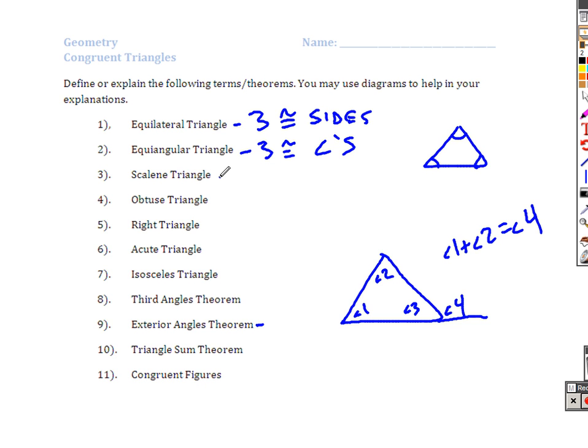For other ones, scalene, 3 different side lengths. That's another one we know for sure. Third angles theorem we see a lot. If you have 2 congruent angles in a triangle, then that means that the third set must be the same.